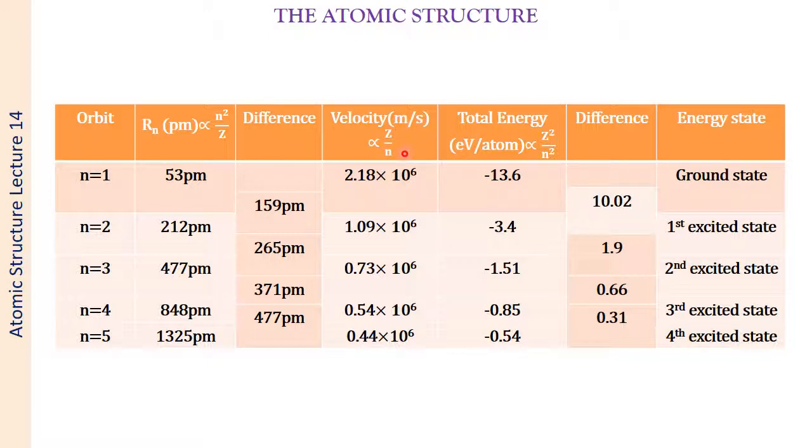So with the increase in the value of n, the velocity is decreasing, and this is going to approach zero as we move away from the nucleus. Fine. So I hope this is clear. And for increase in the Z value, the velocity is going to increase.